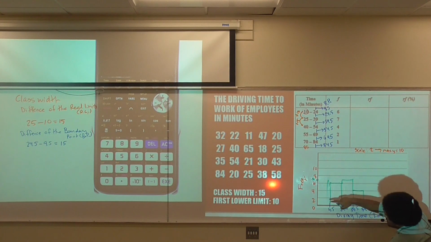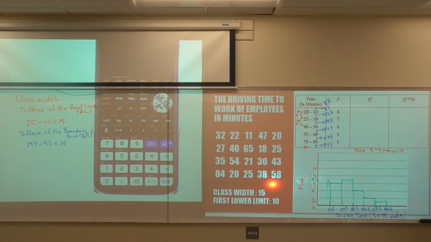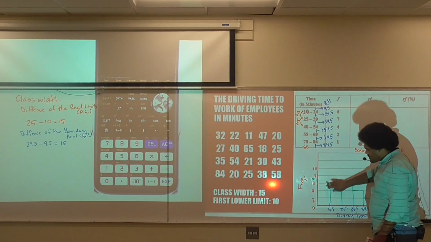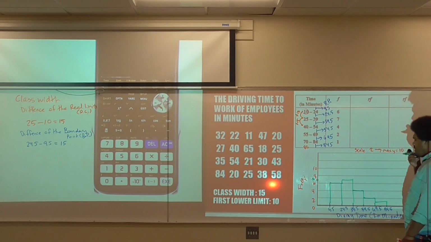Then it was 2 on this grid line, and then it was 1 over here on this grid line. So we went ahead and got all those in, which was great.